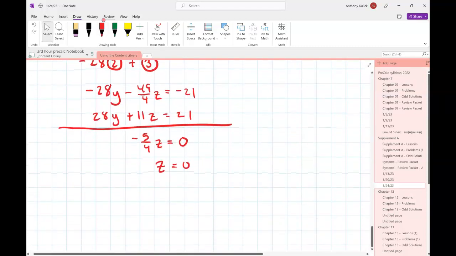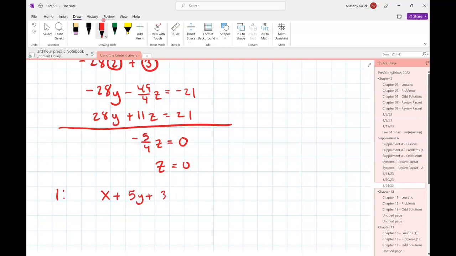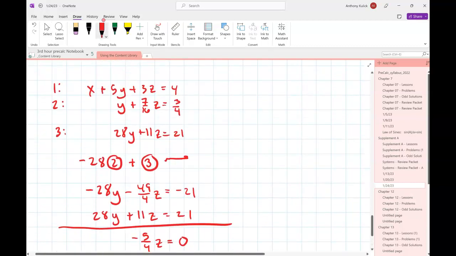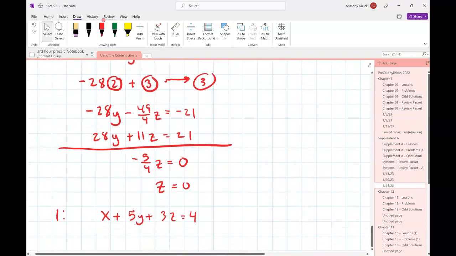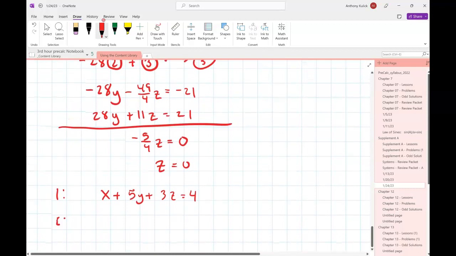So now if I rewrite my system, again, equation 1 did not change. Oh, I'm storing this into equation 3, by the way. I didn't write that part of it. Equation 2 did not change.